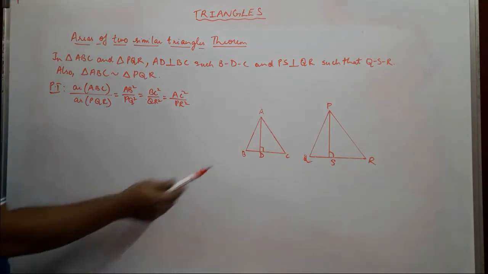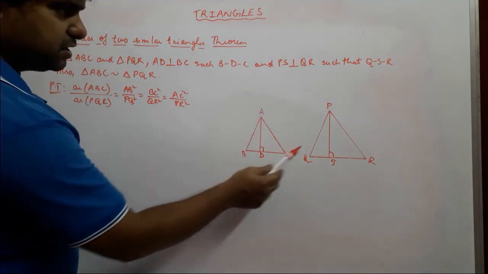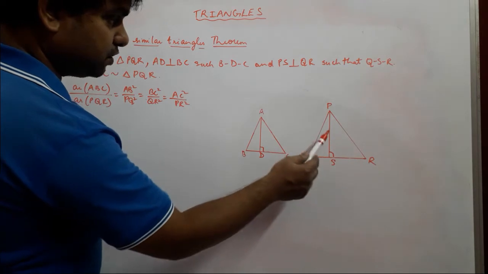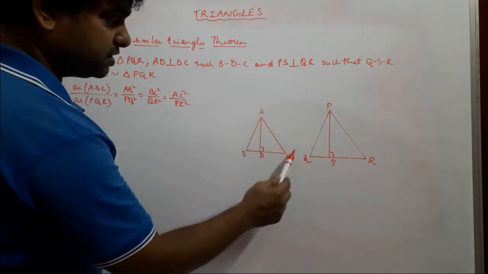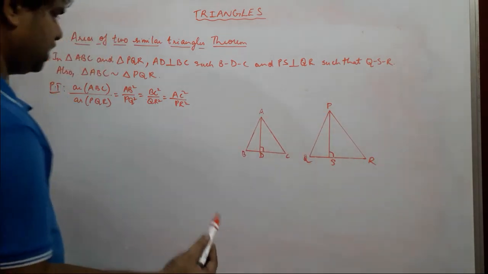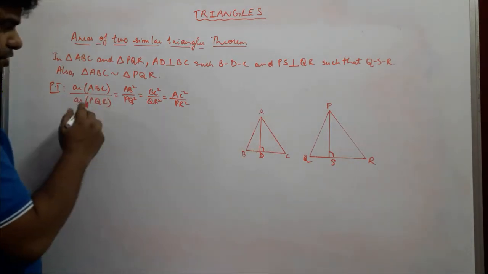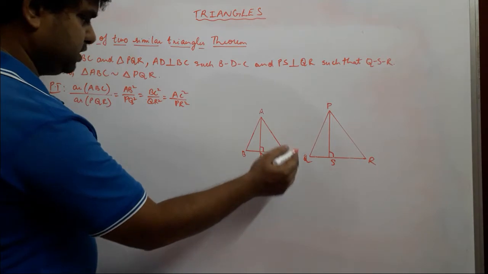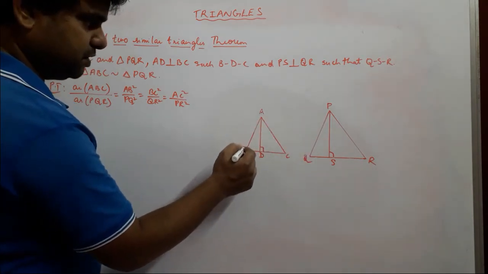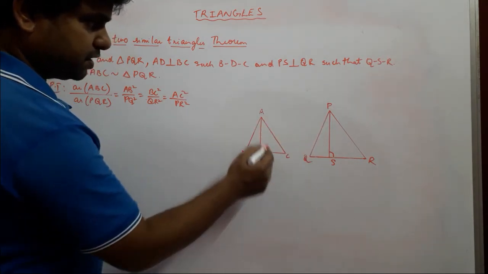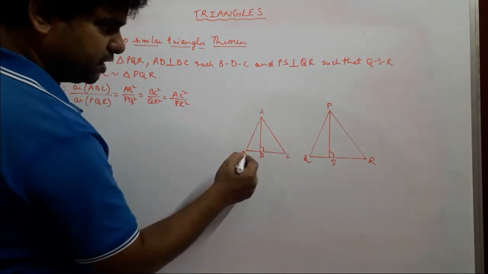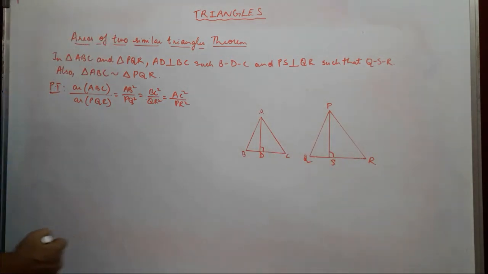We are also given that triangle ABC is similar to triangle PQR. We are asked to prove area of triangle ABC upon area of triangle PQR is equal to AB square upon PQ square, AC square upon PR square and BC square upon QR square. Okay, so let's begin with our proof.